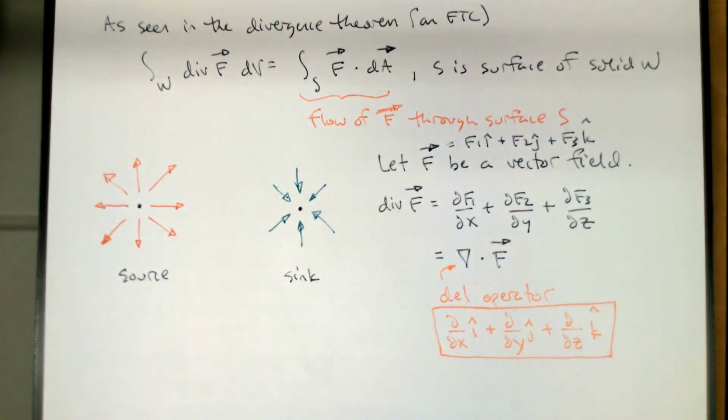We have seen the del operator before. This is the first time we've applied it to a vector field, but the del operator shows up when we were talking about gradient. The gradient of a function is the del operator applied to that function. That's why we see the gradient of f is del f.